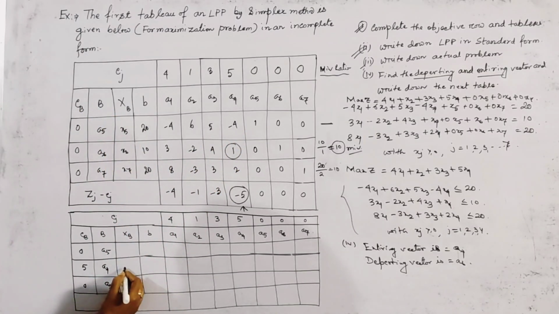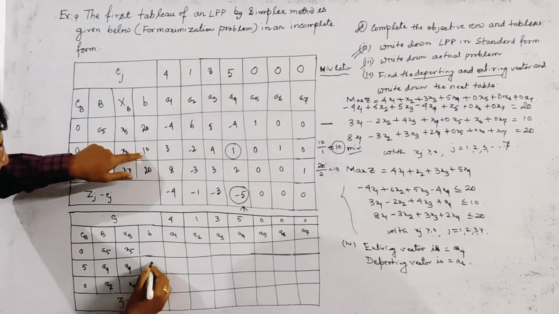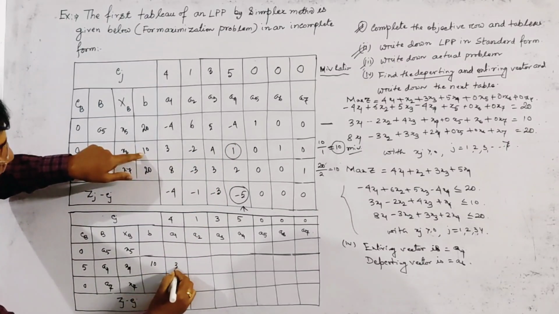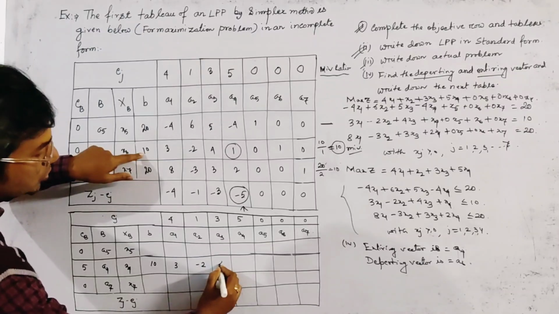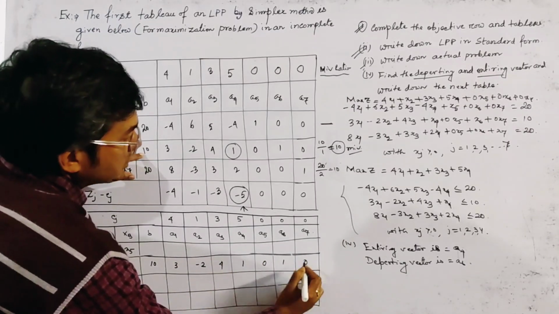We write here the variables: this is x4, this is x7, this is x5, and this row is unchanged. It is written the same: 10, 3, minus 2, 4, 1, 0, 1, 0.